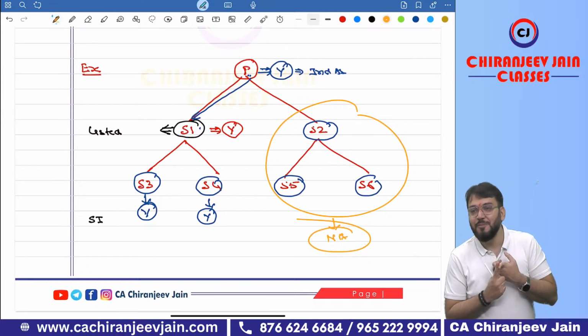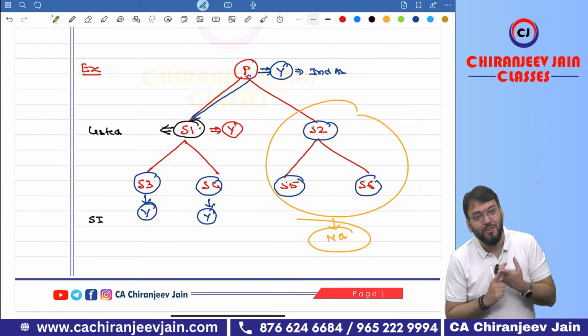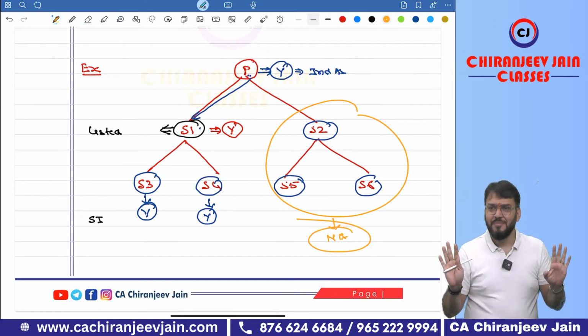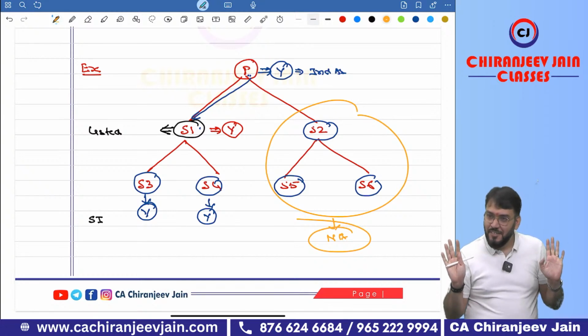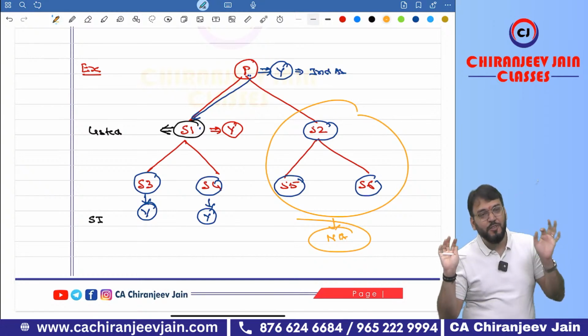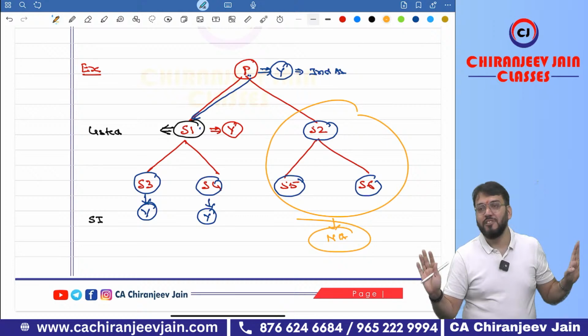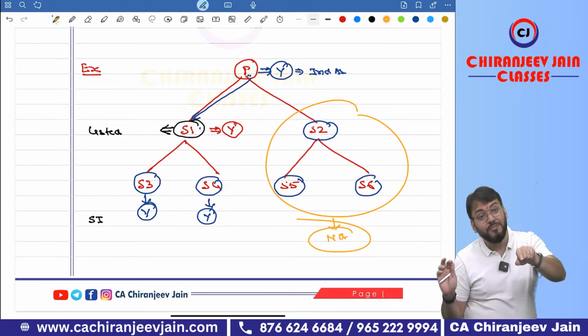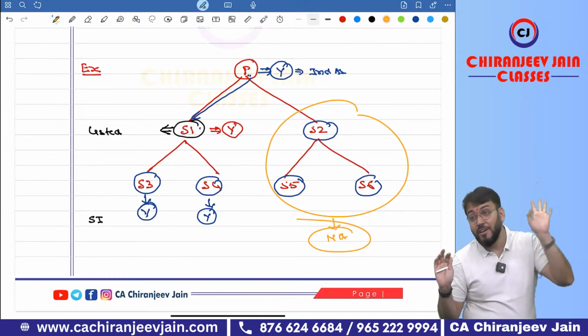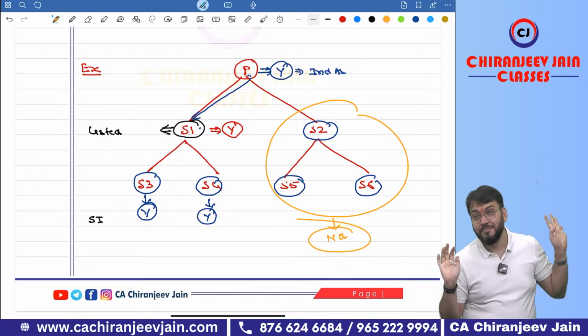Understood? This is the only rule. If you want to score 50, attempt 100 marks paper, you will score 50. This is the only mantra to become CA. If you are writing 90 marks paper, high chances you will not get more than 50.